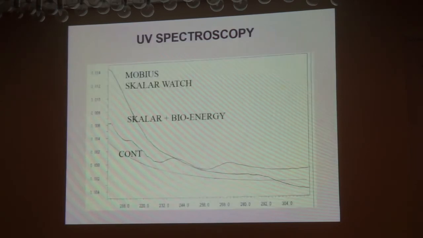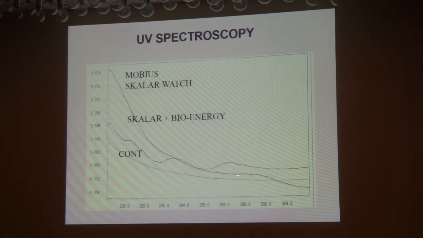Now, here's an interesting experiment where I used the Mobius strip in the Tesla watch developed by Andrija Puharich, which in itself caused a very large effect and sort of a crisscross over here.